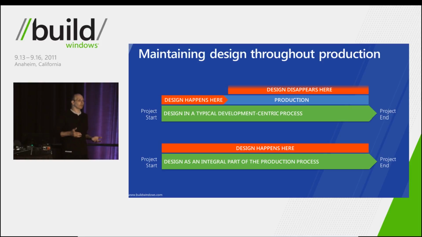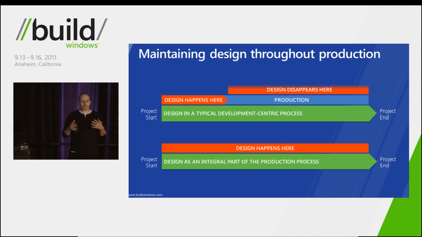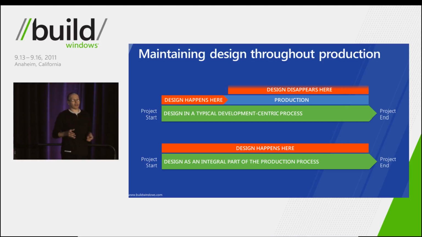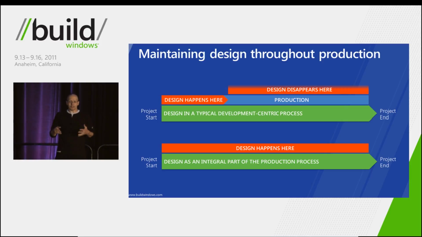And code is often not the best medium to express design in the first place. So our goal with Expression is to help maintain design presence throughout the entire development process by providing visual authoring of production quality artifacts that still plays well in a code-centric environment.